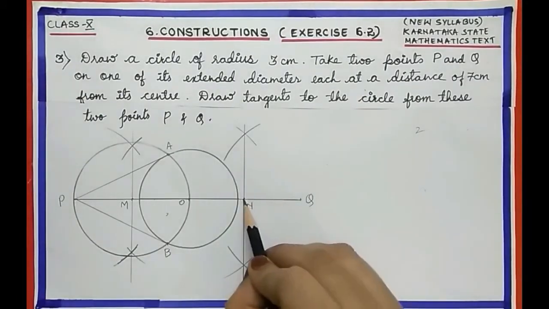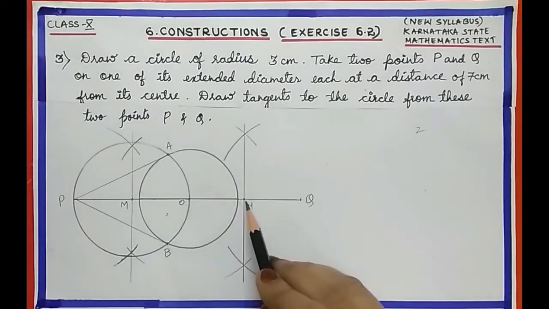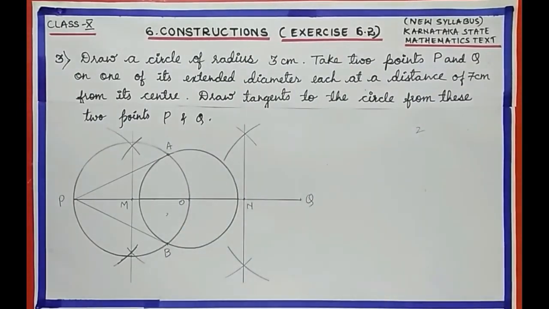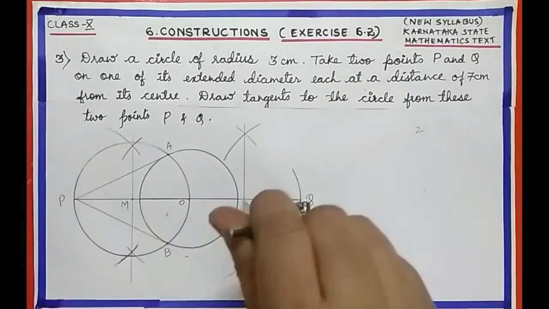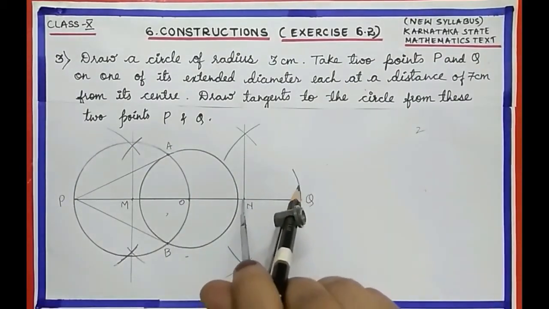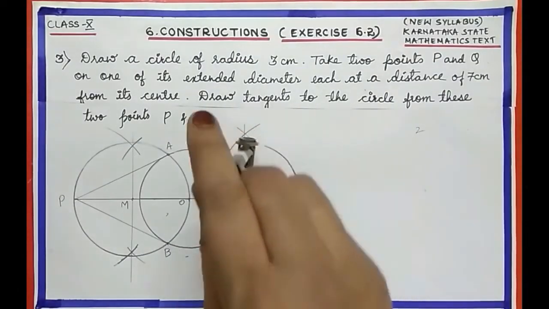Then from this point as center, draw the circle with NQ as radius. So I am drawing a circle with N as center and NQ as radius.